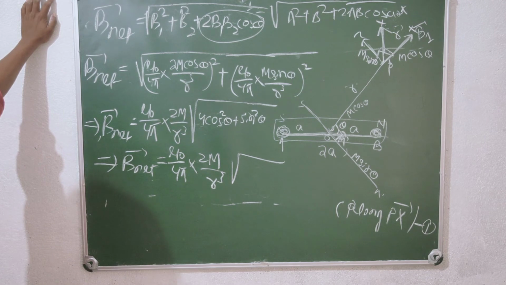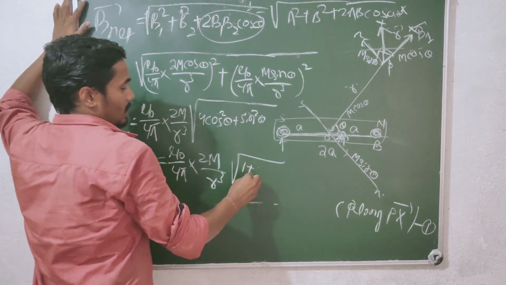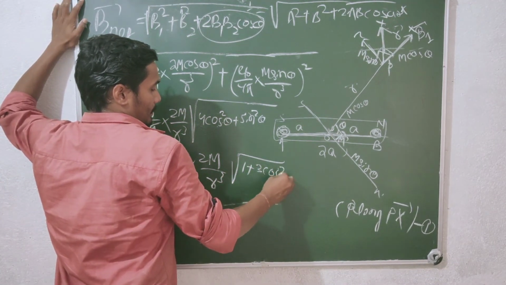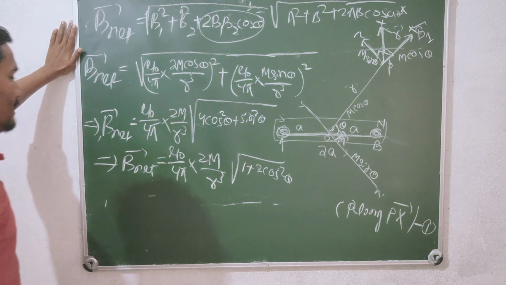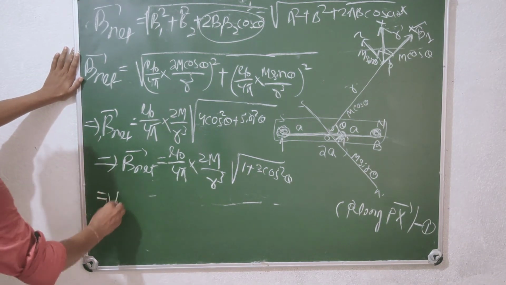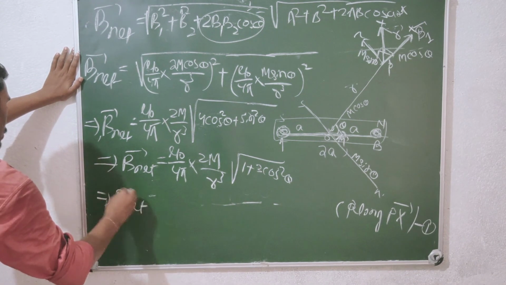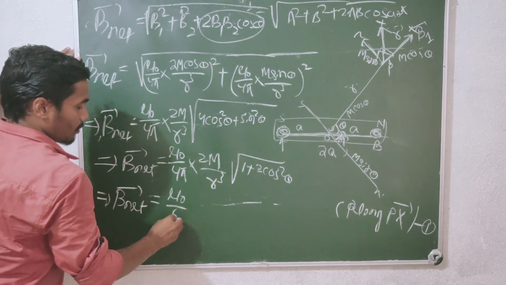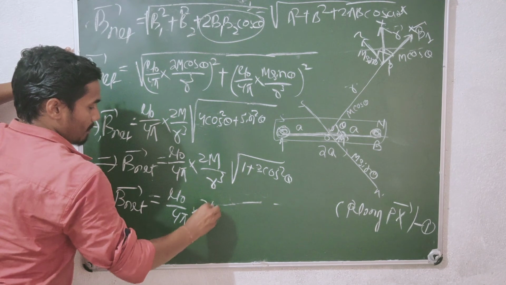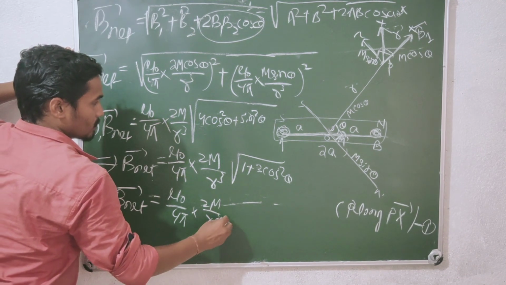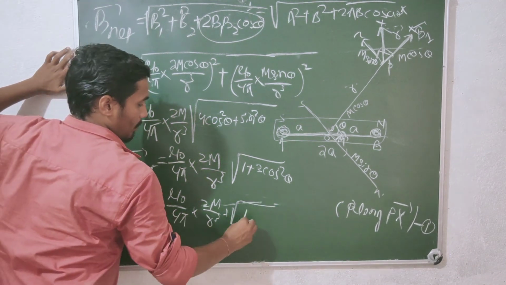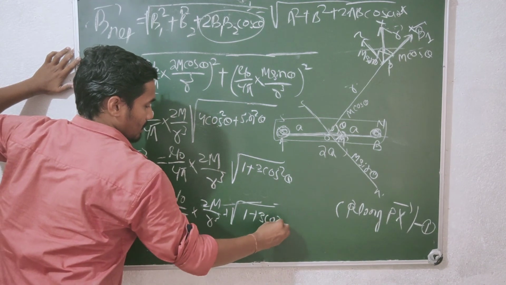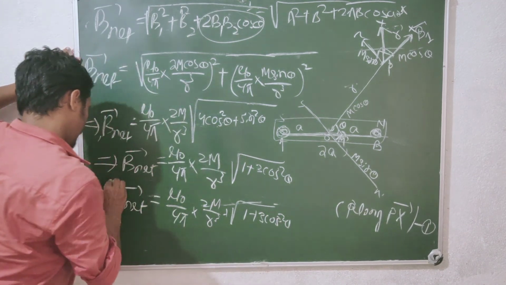Cos square theta plus sin square theta is 1, and here 3 cos square theta, so it will be 1 plus 3 cos square theta. So it is the final formula. Now we get b net vector due to dipole at any point. It will be mu naught upon 4 pi into 2m upon r cube into square root of 1 plus 3 cos square theta. It is the final formula.